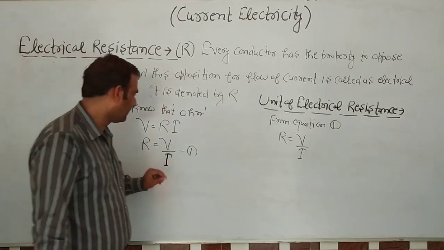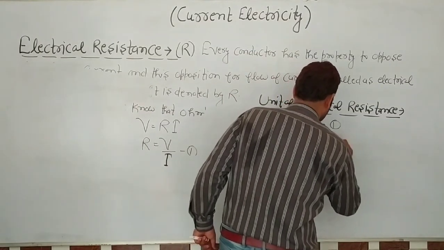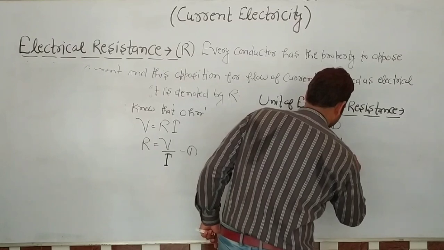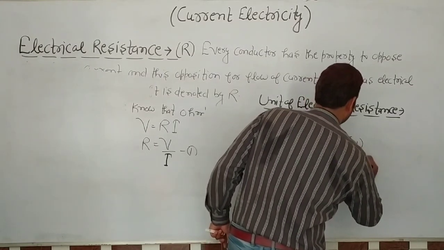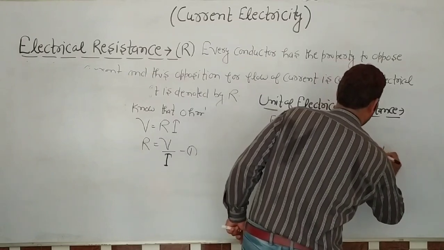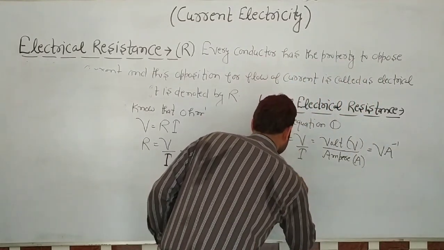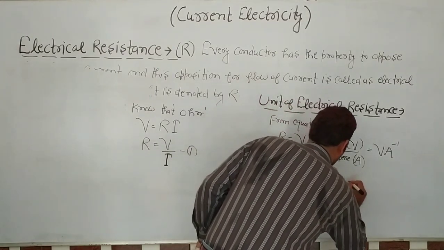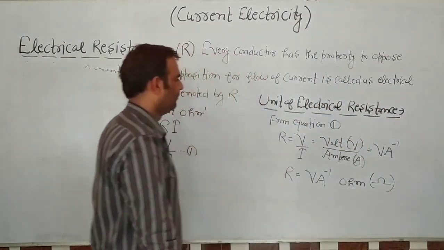I आपके पास क्या है? करंट. So what is the unit of potential difference? Volt. I, current, इसकी एम्पियर. यहाँ V लिख दिया आपने, यहाँ A, तो ये बनेगा आपके पास वोल्ट पर एम्पियर. और रेजिस्टेंस के अंदर आपके पास आ गया वोल्ट पर एम्पियर. This is known as the ohm. It is represented by this ohm symbol.